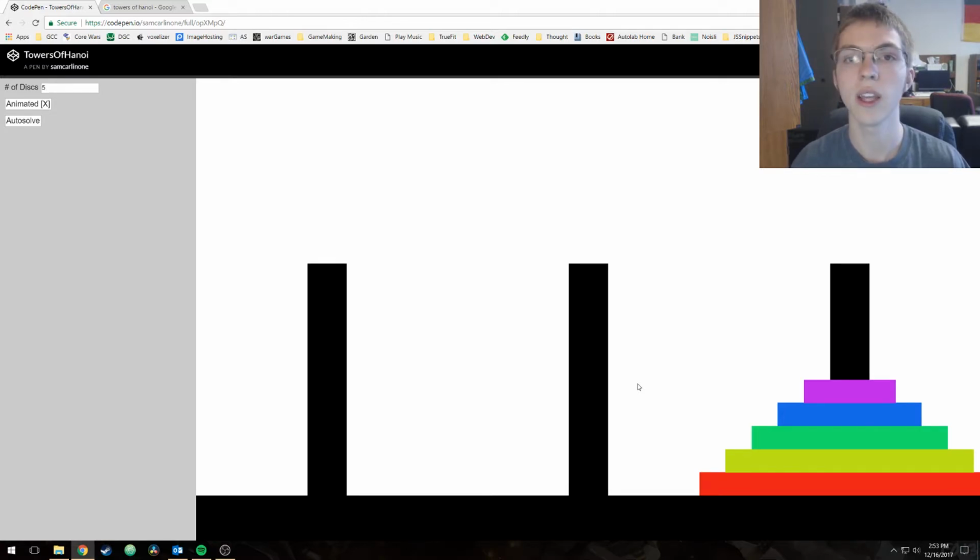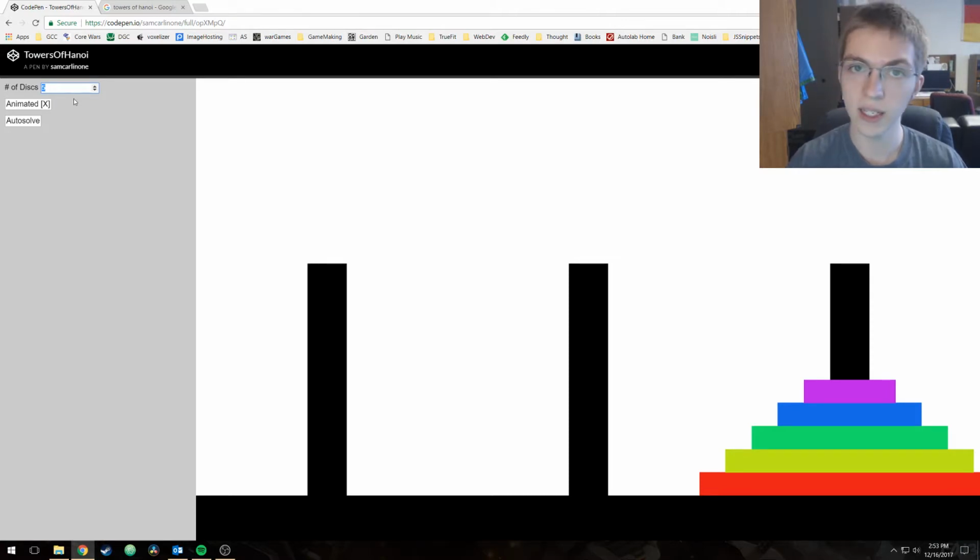This is the equation for the lowest limit. With 5, we would have 2 to the 5th, which would be 2, 4, 8, 16, 32. Yeah, 32 minus 1, 31 moves.